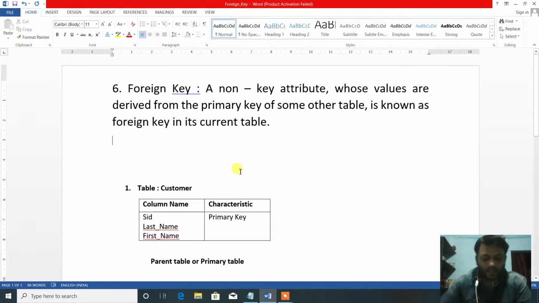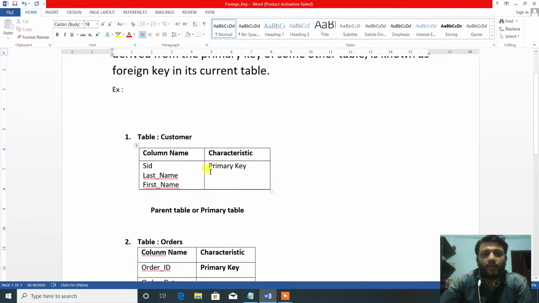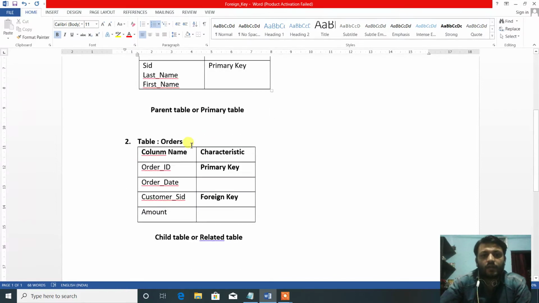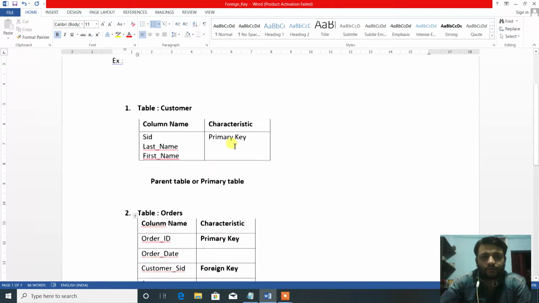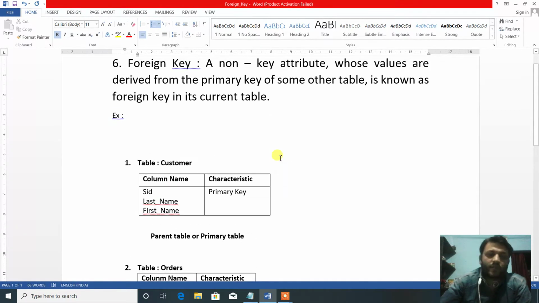Look at the example. Okay. In this example, I have two tables. First one is the customer table and second one is orders. So first look at the customer table.